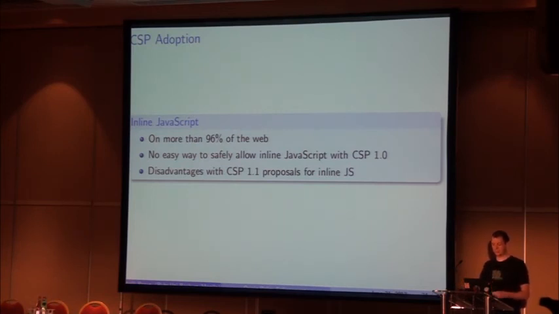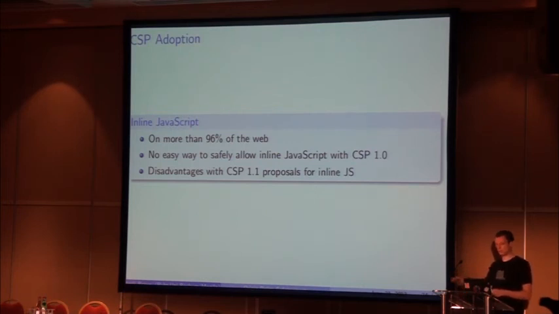So there's actually no easy way to safely allow JavaScript with the first version of the CSP specification. And that means people might not choose to opt in for CSP for a long time. Though I heard Twitter and Facebook are going to use it at some point. And there are proposals for a new version of the CSP specification where it might be possible to safely allow inline JavaScript without losing the cross-site scripting mitigation.